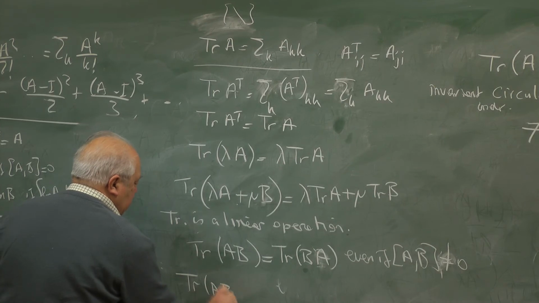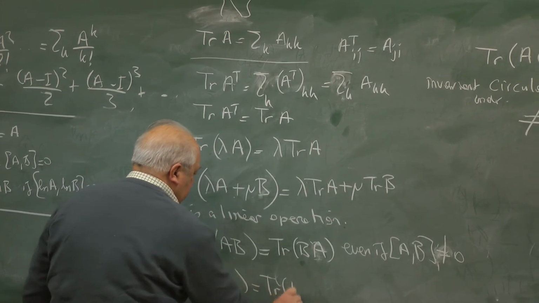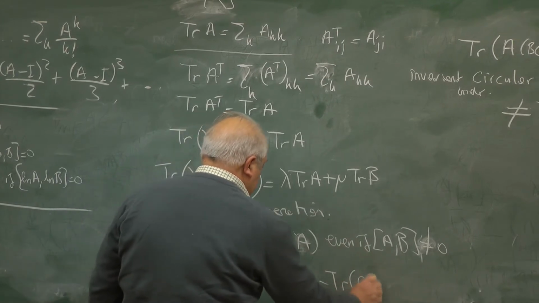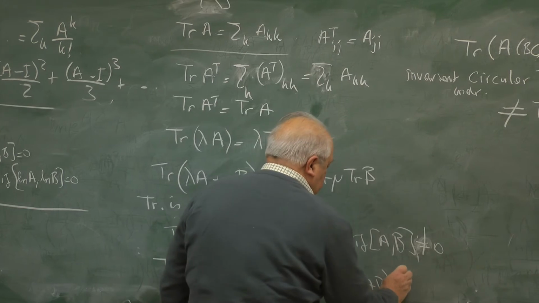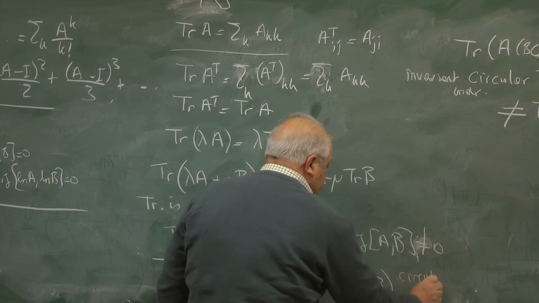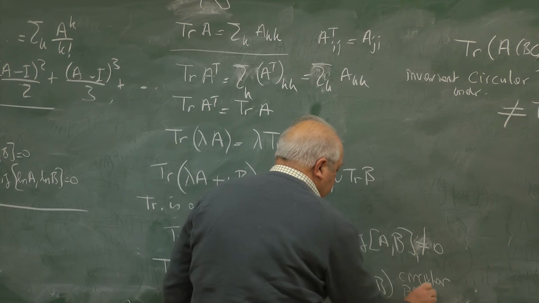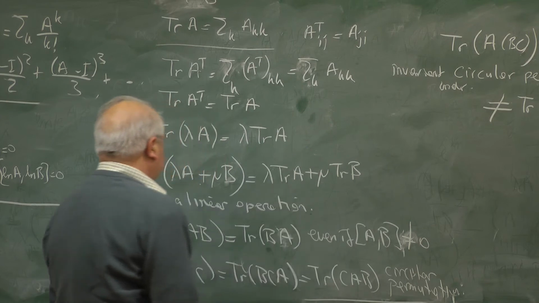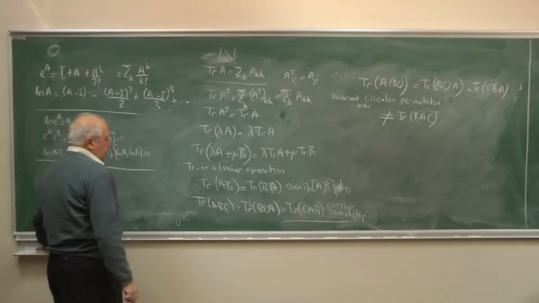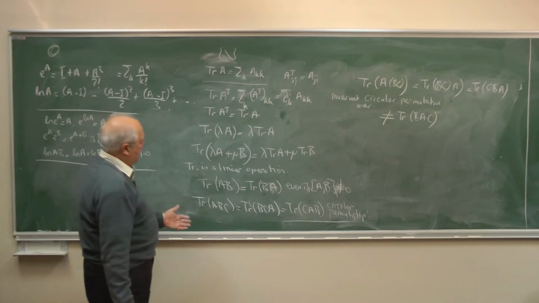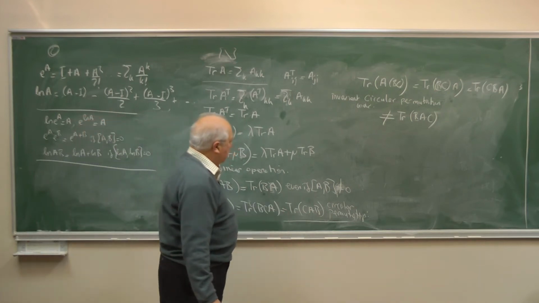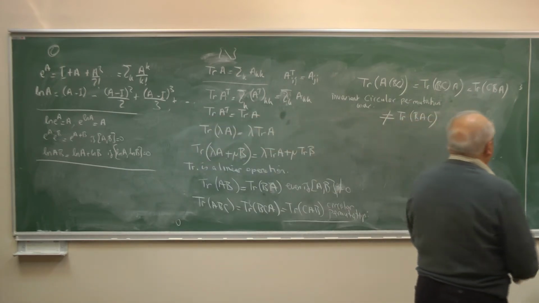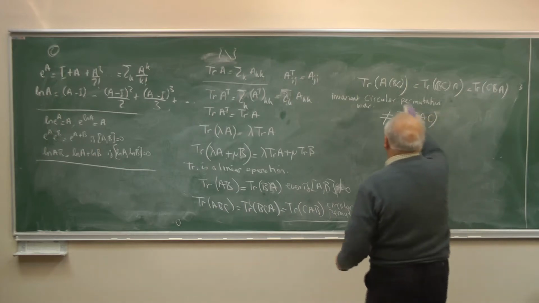Trace ABC is equal to trace BCA is equal to trace CAB. Circular permutation. None of these matrices need to commute with each other, but as long as we keep the circular order, all right, I'm erasing this one.